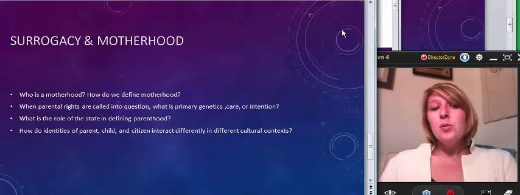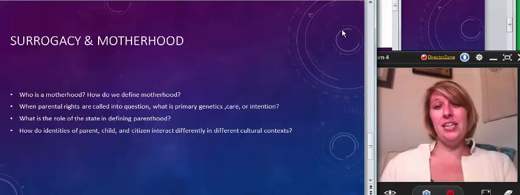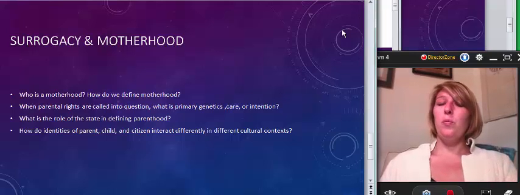This gets into, what is the role of the state in defining parenthood? Should the state have a role in defining parenthood? Well, in that situation with Sarah, Jamaica, and Ilana, the state has to intervene somehow, or would seem to have to. So what does the state do?